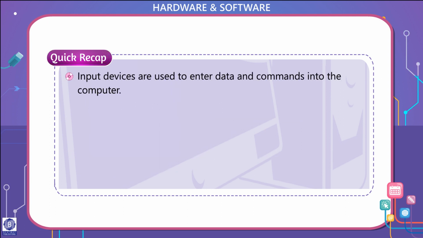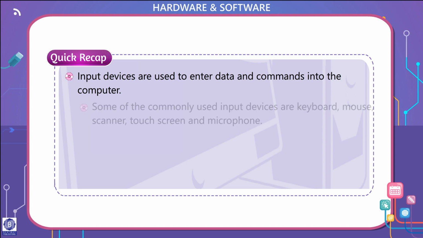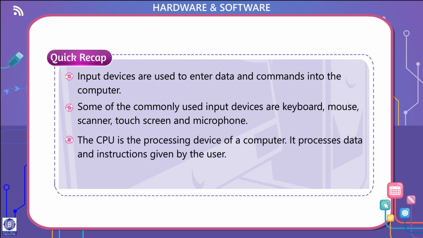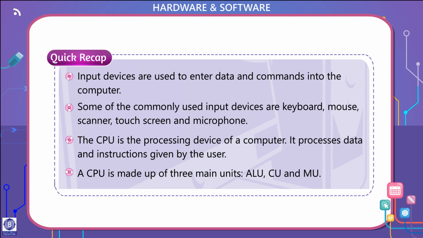Input devices are used to enter data and commands into the computer. Some of the commonly used input devices are keyboard, mouse, scanner, touchscreen, and microphone. The CPU is the processing device of a computer. It processes data and instructions given by the user. A CPU is made up of 3 main units: ALU, CU, and MU.